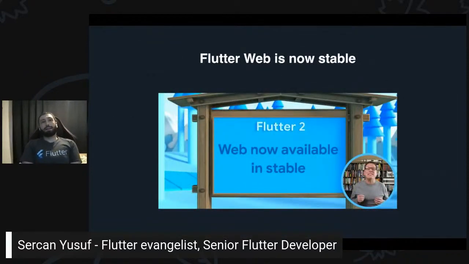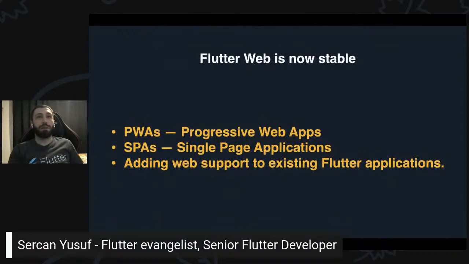So about the news with Flutter 2.0, we have the web stable at the moment. If you have applications already written with Flutter, congratulations, you can now migrate your project and get support for the web without any changes to your code base.